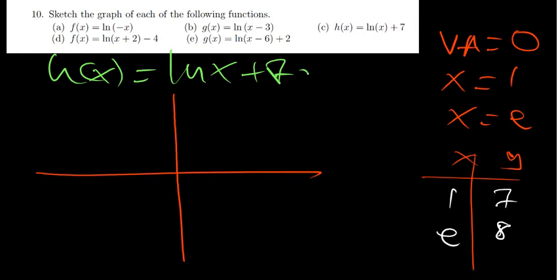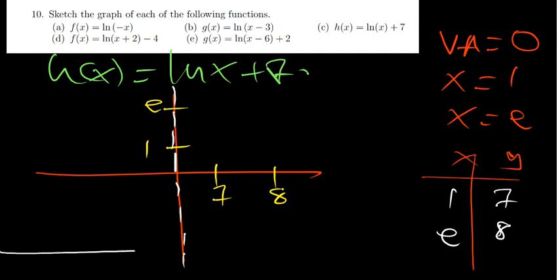In the x-axis I'll put 7 and 8. If you want, you can put 1, 2, 3, 4 all the way up to 7. But here then I have got 1 and e. This is e, this is 1. Let's start. Our vertical asymptote is at 0. So I'll have my vertical asymptote here.